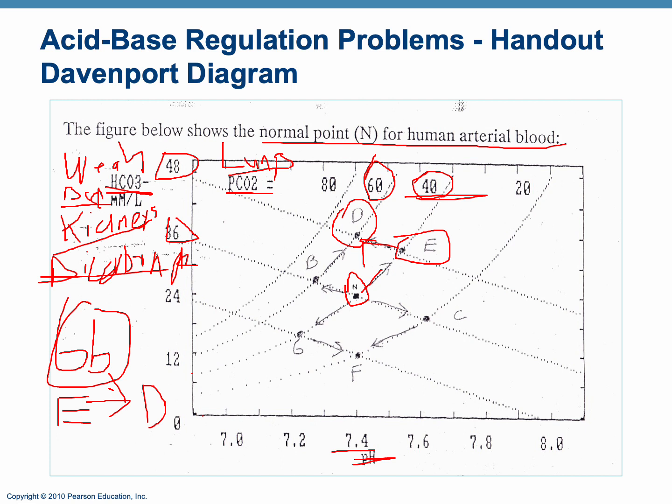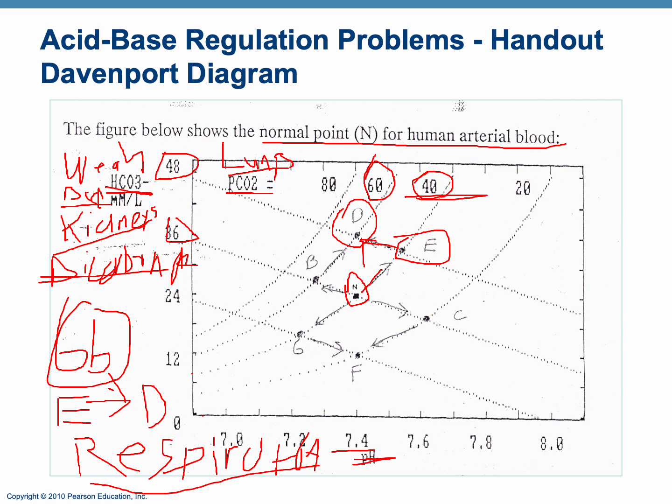And because of the change in CO2 with the lungs, compensation here will be considered to be respiratory. So this is going to be the respiratory compensation, okay? This is respiratory compensation.